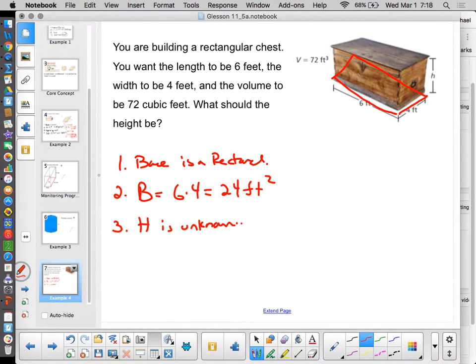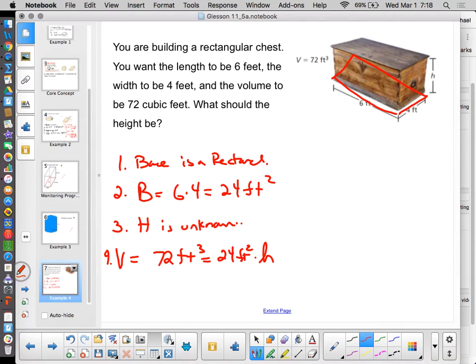That's what we have to solve for. But I know the volume, step 4, the volume is 72 feet cubed, which is the base area times the height. And the units are even going to work out here for me.